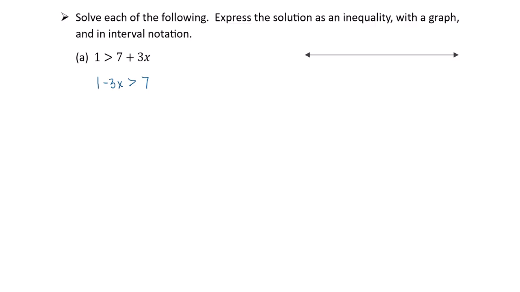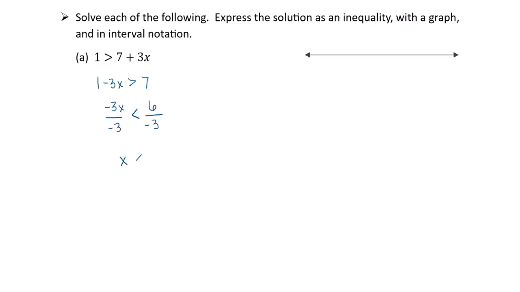Now I need to subtract 1 so I don't have a constant on the left side. Here I'm going to divide both sides by -3 so that I am isolating my variable. At that moment, we need to make sure and flip the inequality.